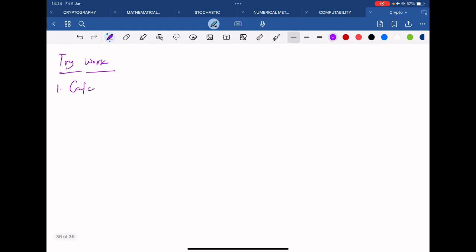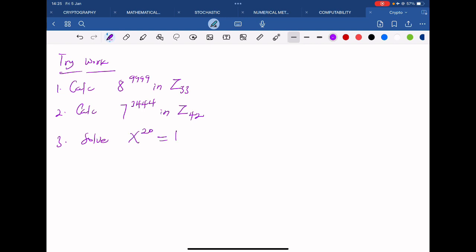Calculate 8 raised to the power 999 in Z33. 2 is calculate 7 raised to the power 3444 in Z42. And the last one is solve x raised to the power 20 equal to 1 in Z61.